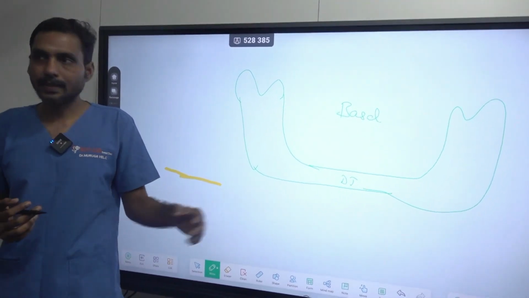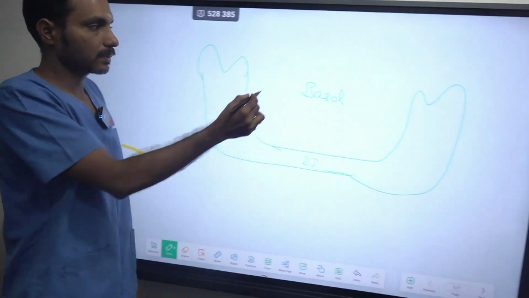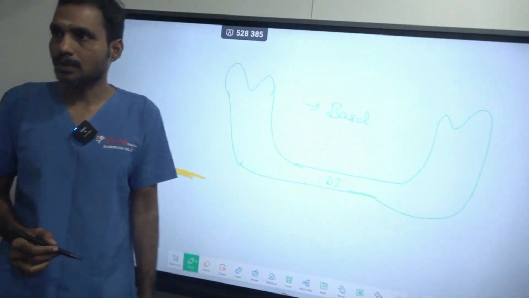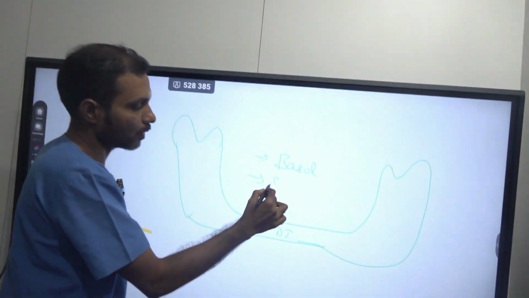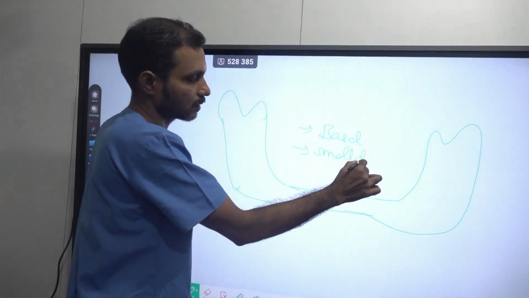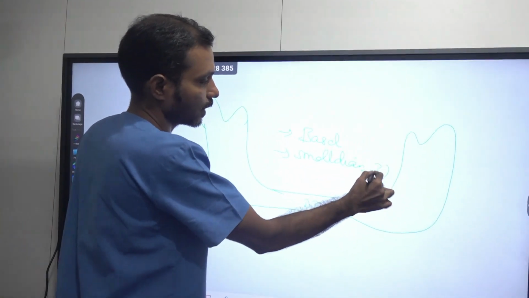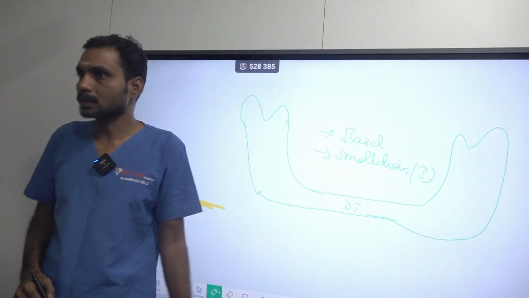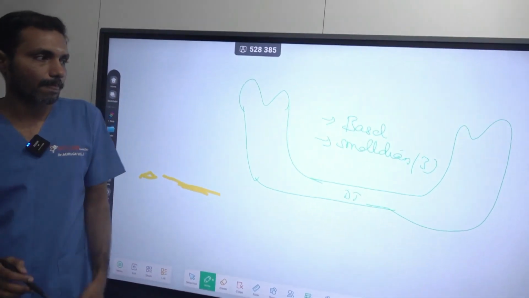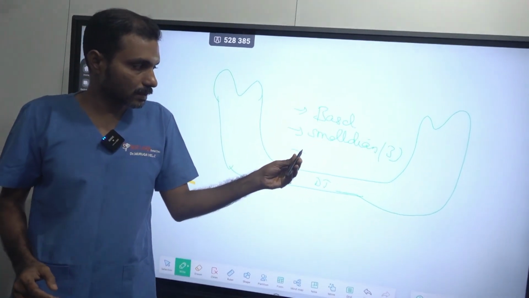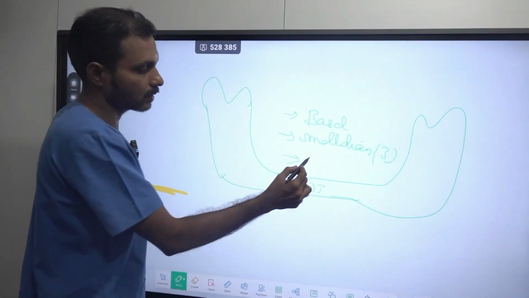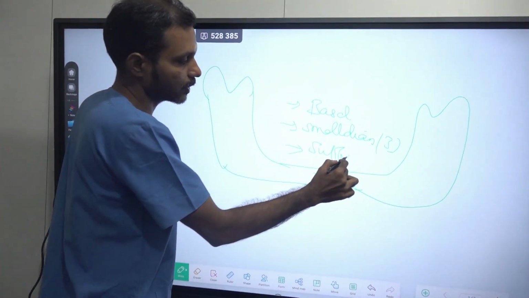We don't want any kind of compression here. Select basal as much as possible. Select a smaller diameter. Even 3 mm is available. If necessary, you can place a 3 mm also. And next, drill sufficiently, sufficient osteotomy.